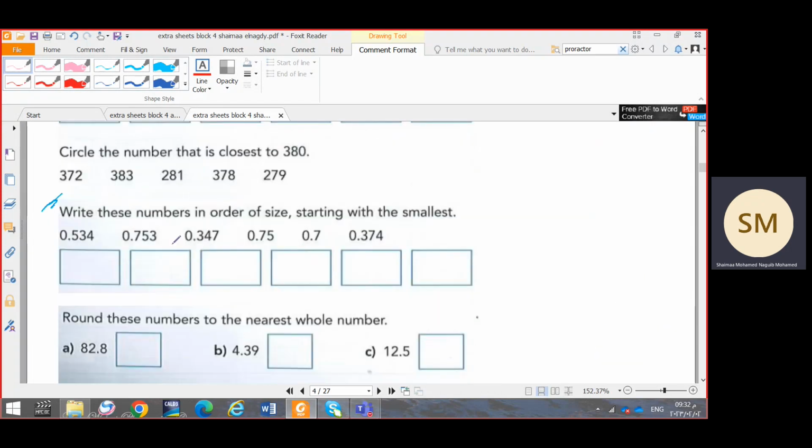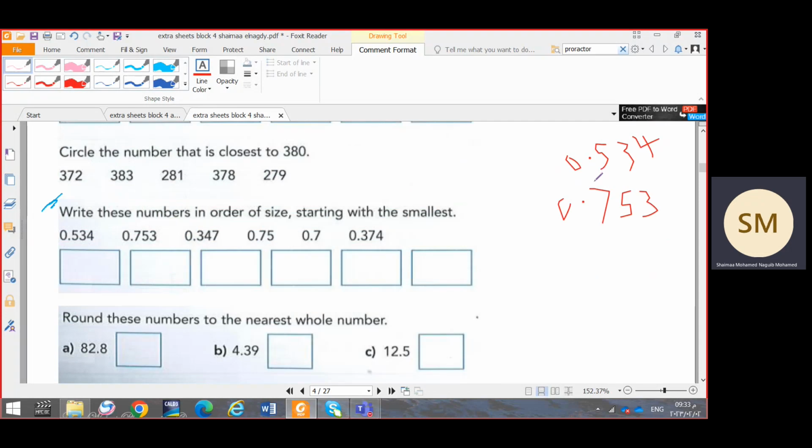Let's go to another type, and I think even the good students fell into this one. Look with me and focus carefully so you get the solution exactly right. You will write these numbers vertically, like this: 0.534 and then 0.753. You will put it here like this. Then you will start comparing.